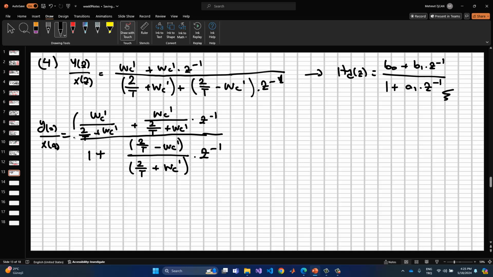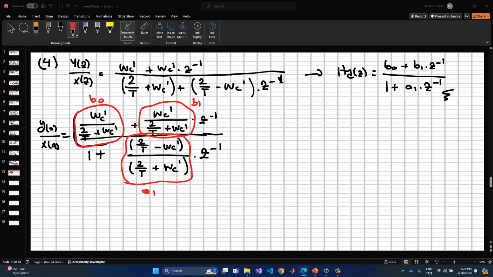And so in this equation, this is equal to B0, this is equal to B1, this is equal to A1, okay?